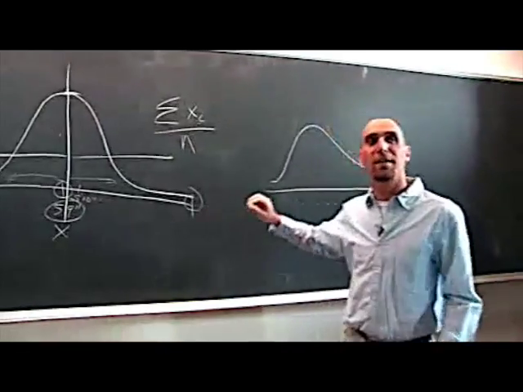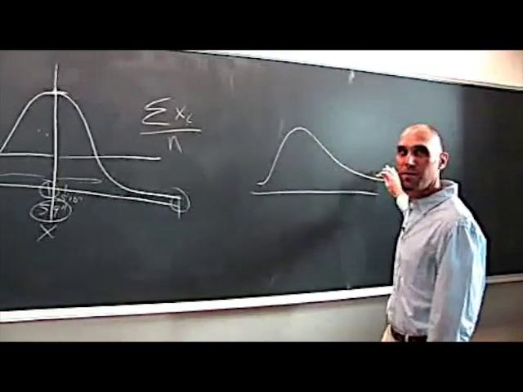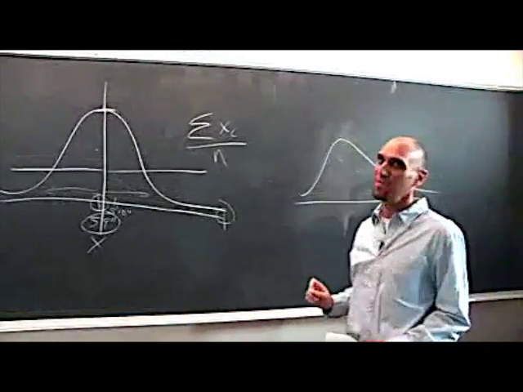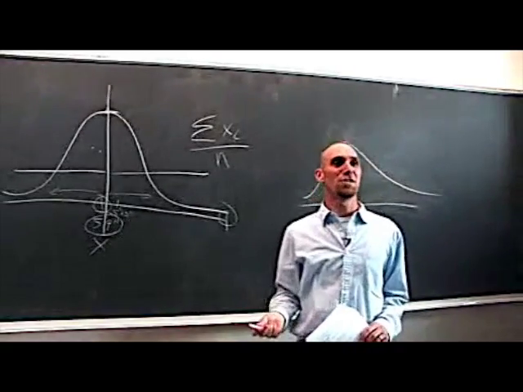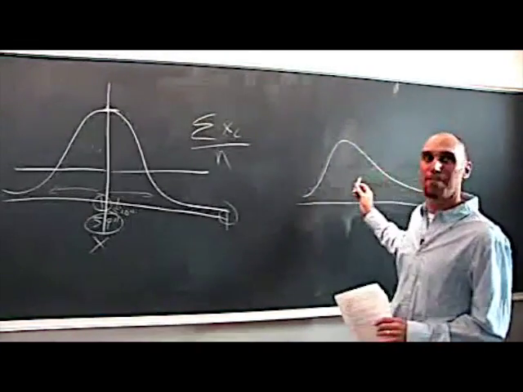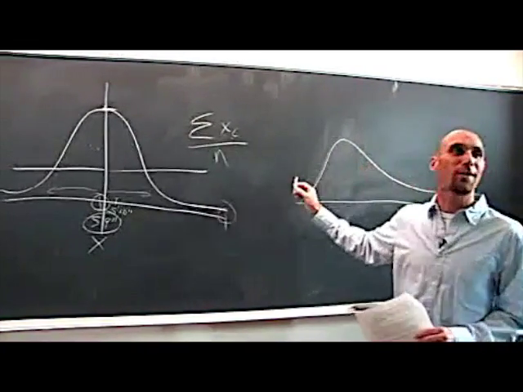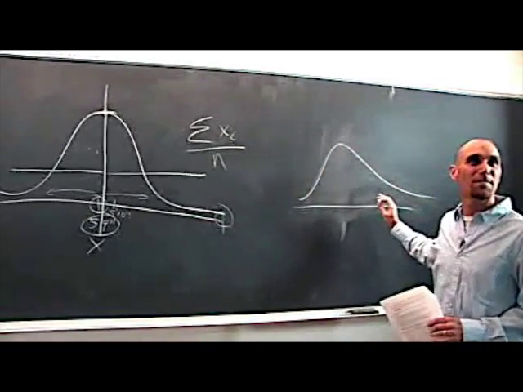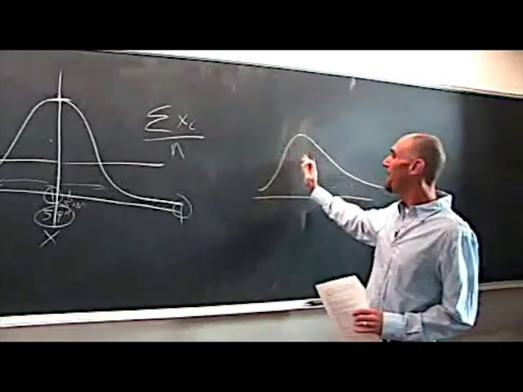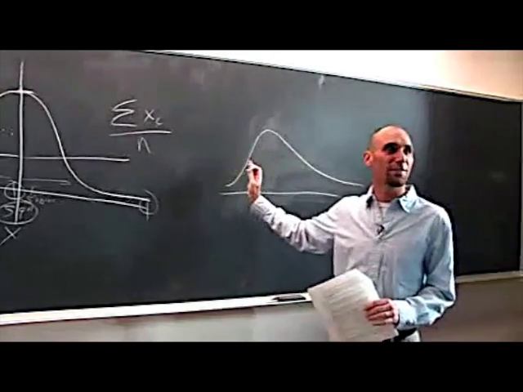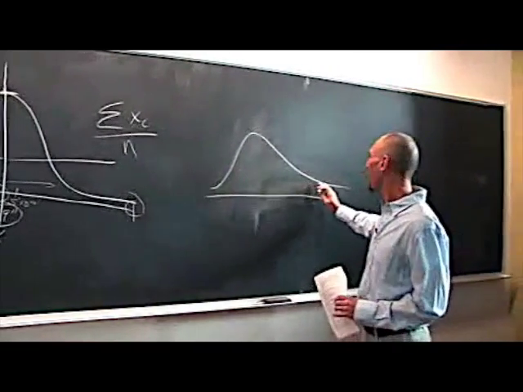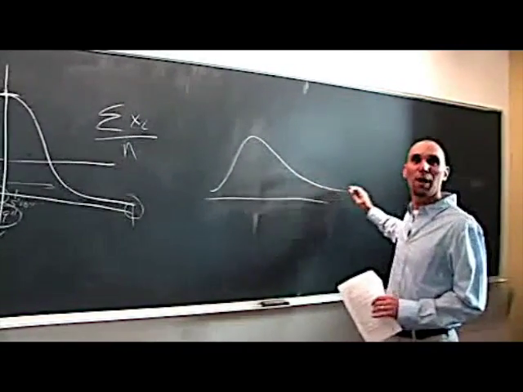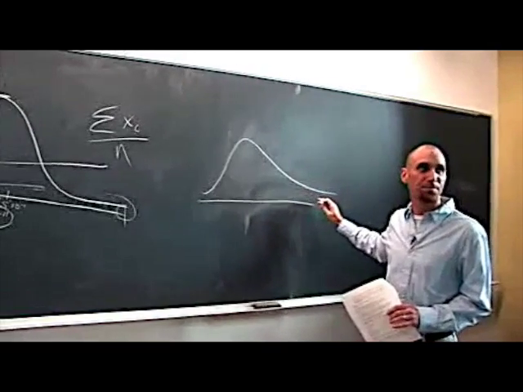We would say that this is a skewed distribution to the right. So if we have this skewed distribution, think of income. Most people aren't rich, but there are quite a few rich people. So most people have an income that's down here towards the lower end of this range, but there are a number of people who are up here at the upper end.